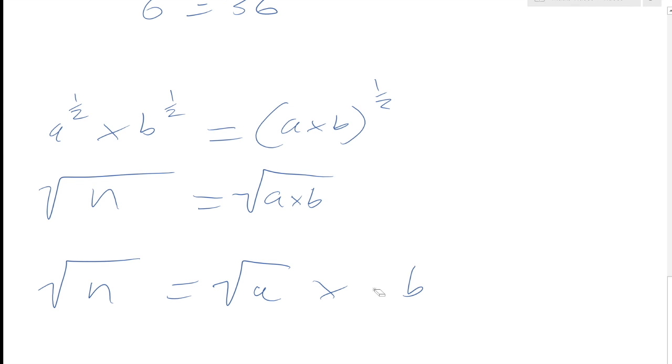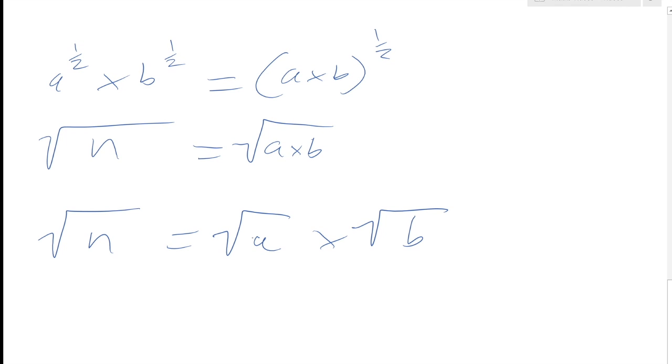It's a really sloppy square root sign, I apologise. And then obviously if a is a square, then square root of n equals whatever the square root of a is, I'll call it c, times the square root of b.